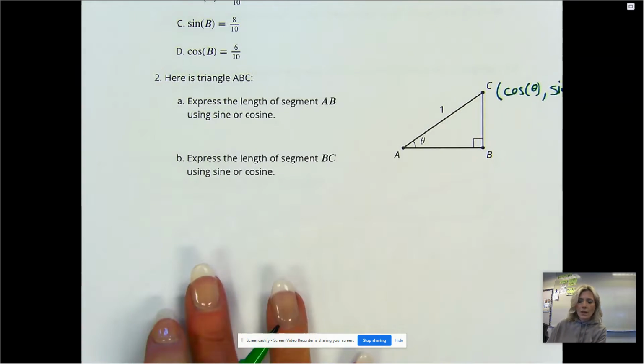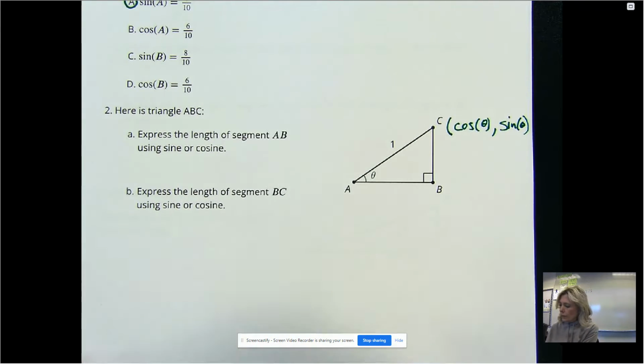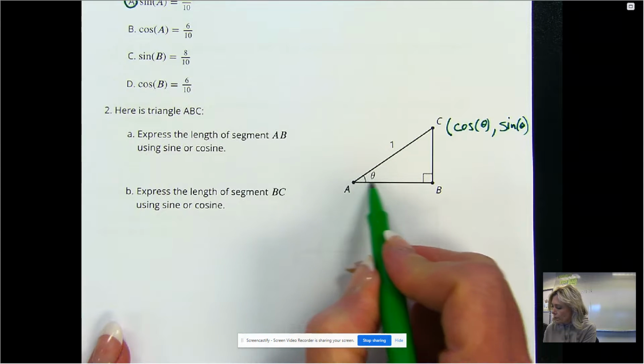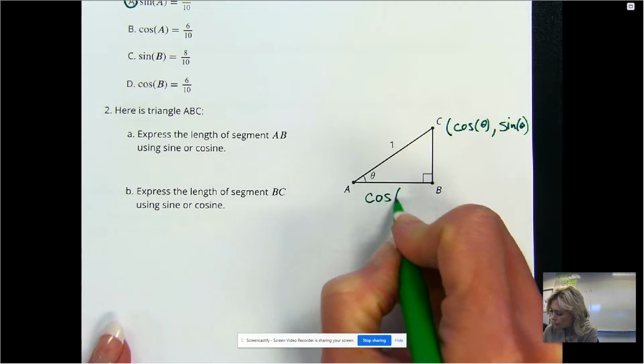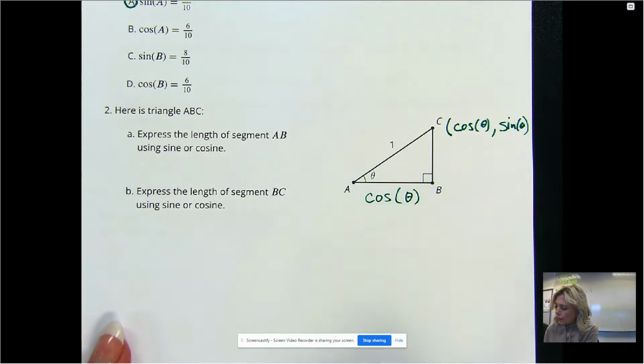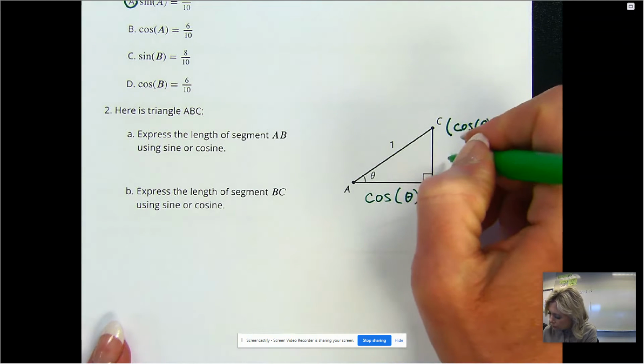And so the coordinates there tell us, to get from this direction, it's the length of the cosine of theta. And in this direction, it's the length of the sine of theta.